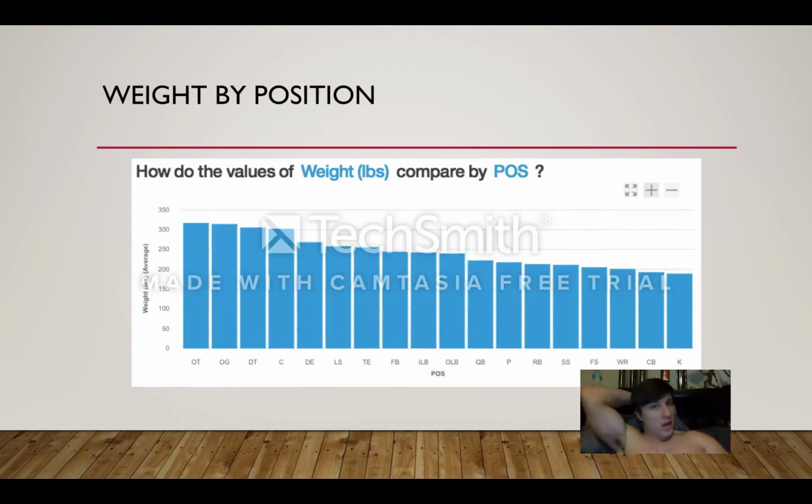So, for this next one, I did weight by position. So obviously, there's 11 positions on each side of the football. There's defense and offense, and what this graph is comparing is the position and weights for that player. So, for example, we have the first one, OT, offensive tackle.